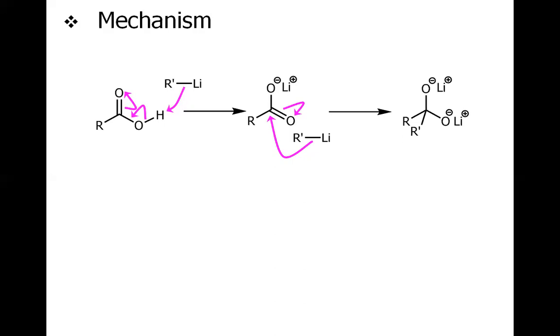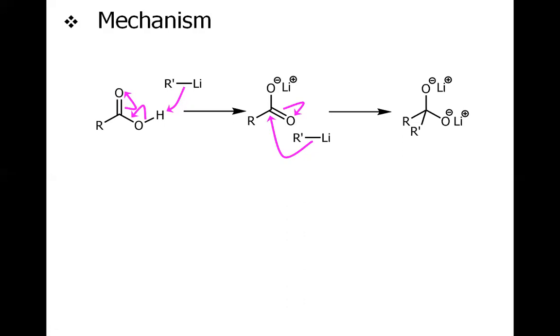Because if you consider the hierarchy of reactivity of different carboxylic acid derivatives, the acid chloride is the most reactive, and then we have the acid anhydride, then the ester, then the amide, the least reactive carboxylic acid derivative.